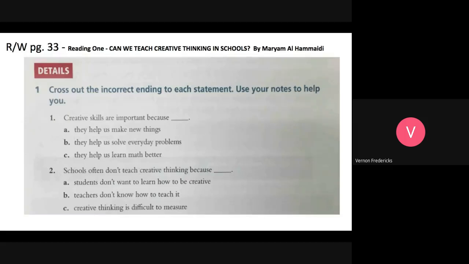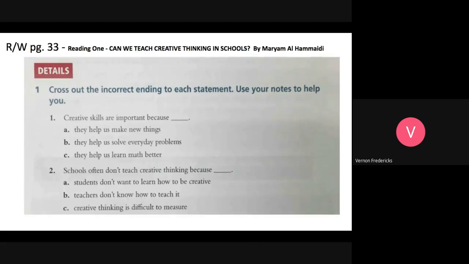Okay, students, which one do you think is wrong? Okay, so number one is right. Number A is right. Number B is right, and number C, I would delete number C. Yeah. Number 2, schools often don't teach creative thinking because which one do we delete?